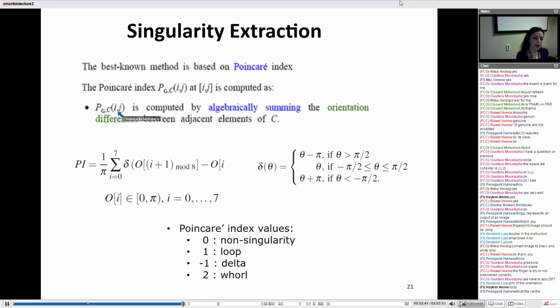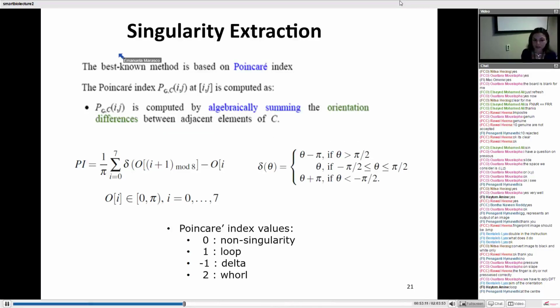And then let's see first the definition and we clarify better what we are talking about. The index is computed by using an algebraic sum of the orientation differences between adjacent elements of C. Right? So we have the pixel C, so the Poincare index is PG.